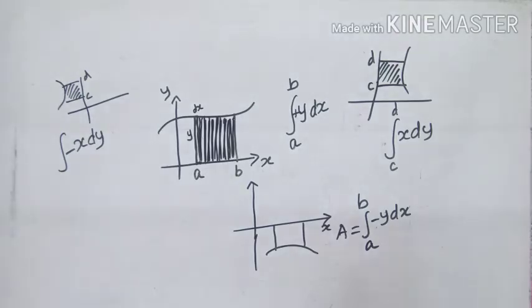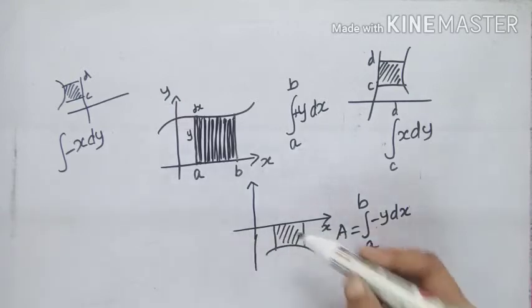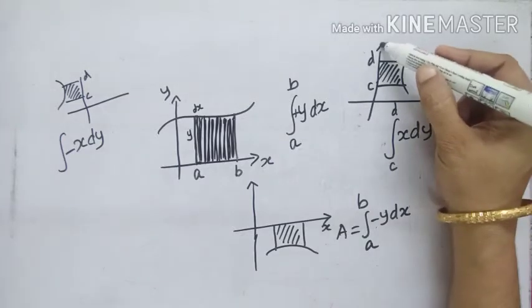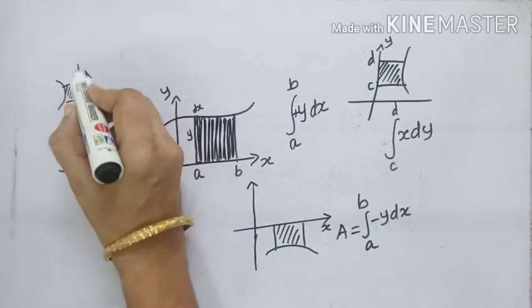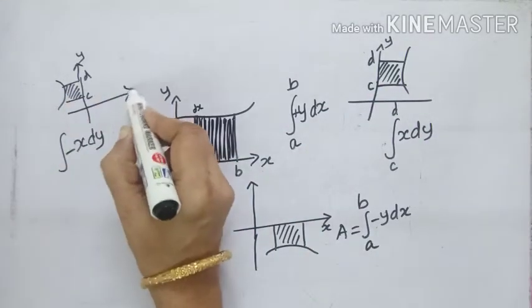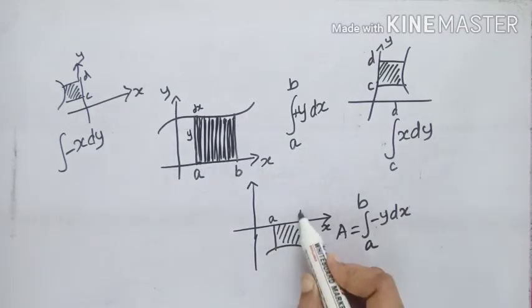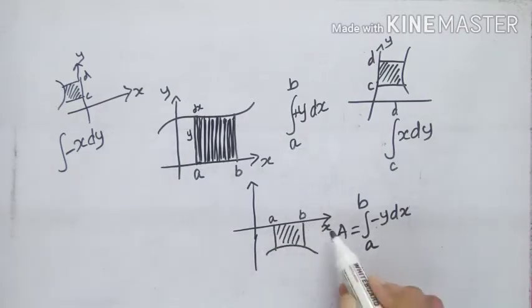So in this exercise, we are learning the area under a curve bounded by the x-axis or y-axis. When you read the problem, check whether I need to find the area with the x-axis or with the y-axis. If it is the x-axis, I must know the two limits for x.